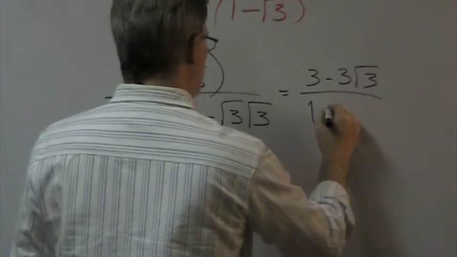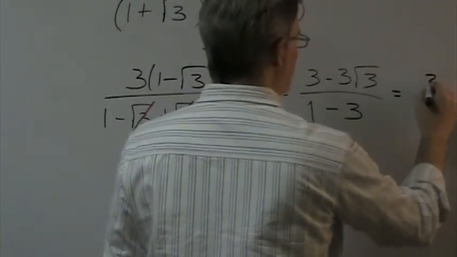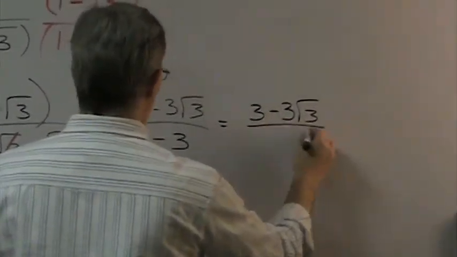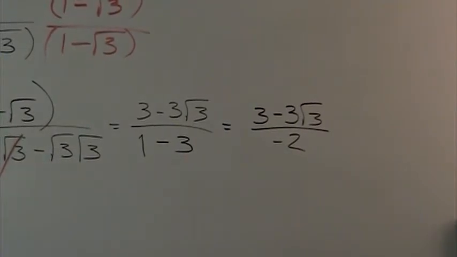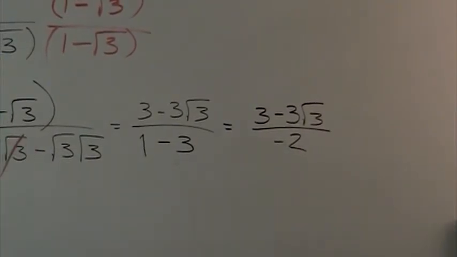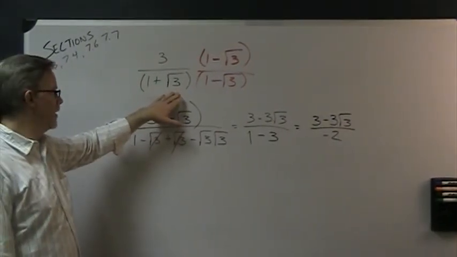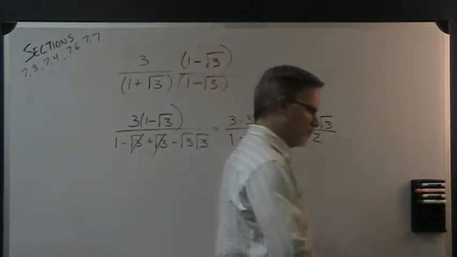So the bottom becomes 1 minus 3. So the answer to this problem is 3 minus 3 square root of 3 over negative 2. Okay? So very simply, the way that you eliminate a radical on the bottom is to multiply it by its conjugate.